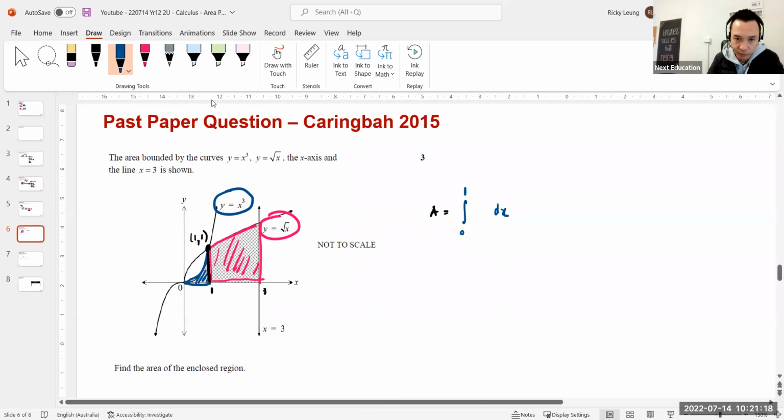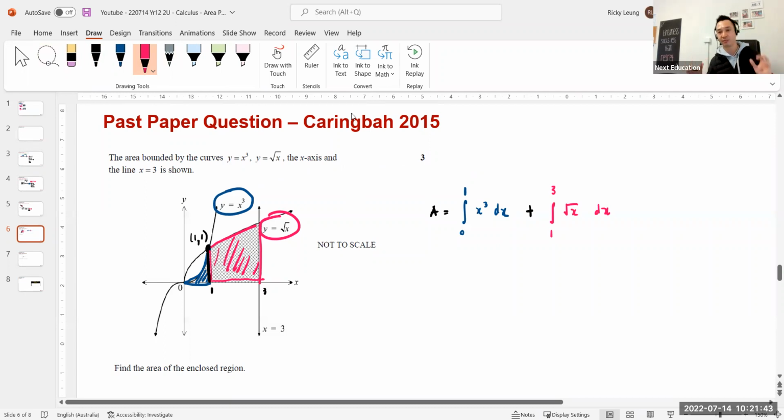So what I'm going to do is just put in x cubed in here. Plus the area of the pink, which goes from 1 to 3 of this y value of root x dx. So nothing too wow about that.